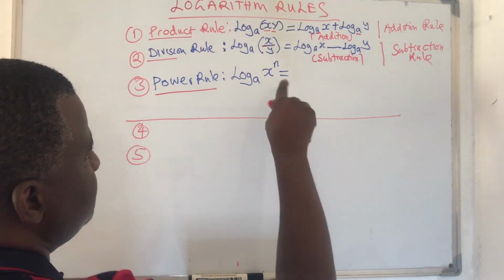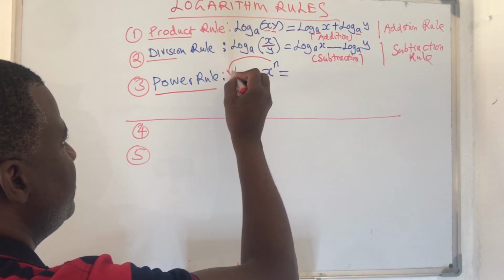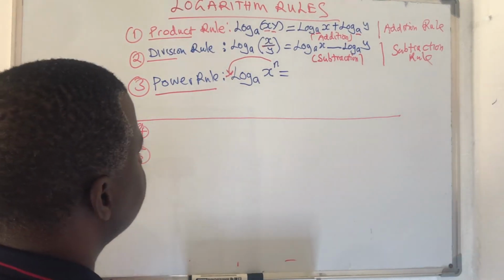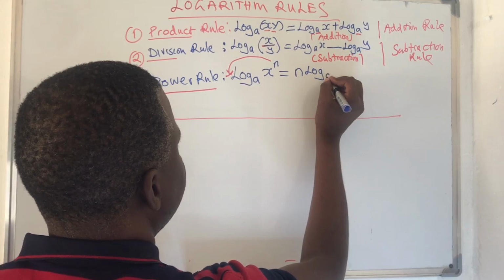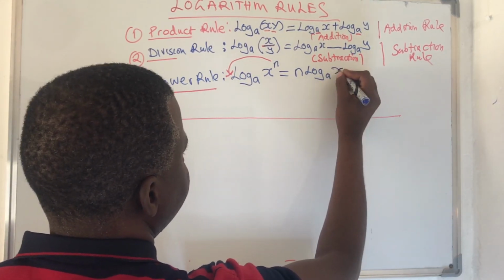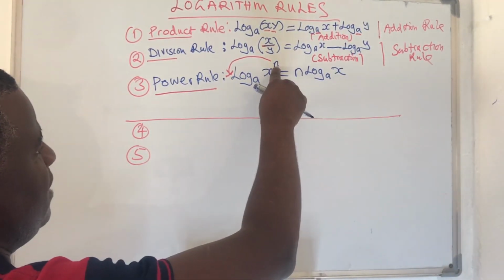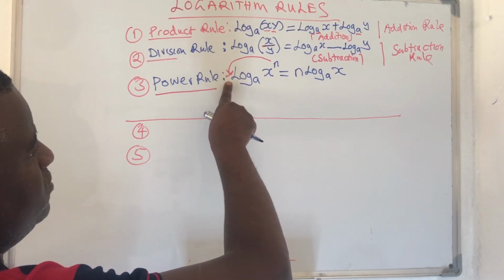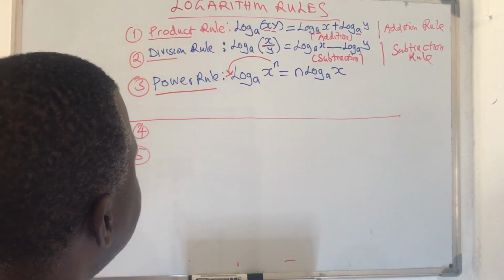This is equal to, you just take this power, bring it in front of the log. So you are going to say n log base A of x. You've seen that it's just the power which has moved, isn't it? Yes, so that is what makes this one very, very simple.